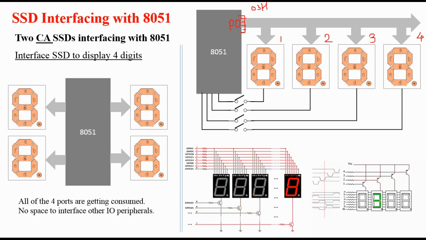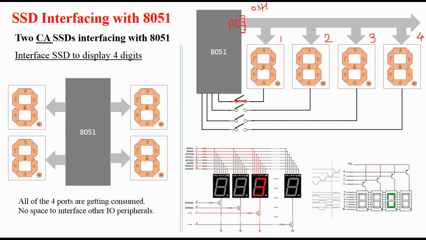The moment I send 03, the 1 will get printed on each and every display, right? But I want that 1 should get displayed on this display only. So for that purpose I will make this switch on and the remaining switches will remain off. So the circuit will get completed and 1 will get displayed on this display only.